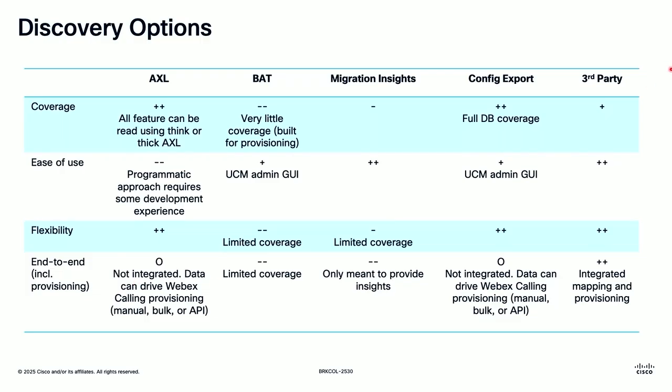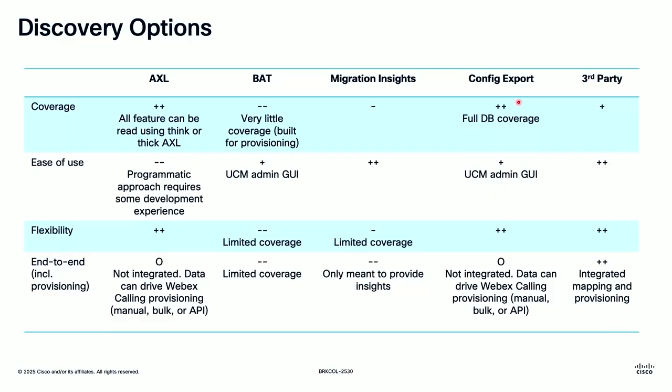Then we have BAT, the Bulk Administration Tool. Very little coverage, because BAT is essentially only meant to be used for provisioning, so getting data into UCM and not getting it out, right? Then we have Migration Insights, that's the tool that I just mentioned. Then we have the config export.